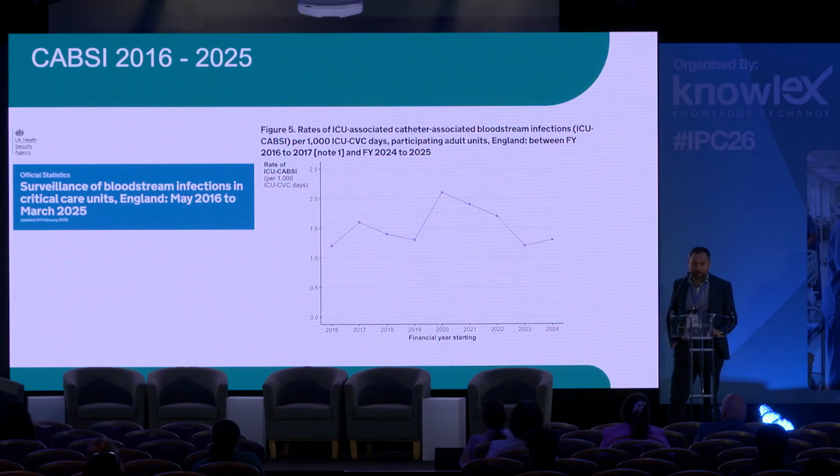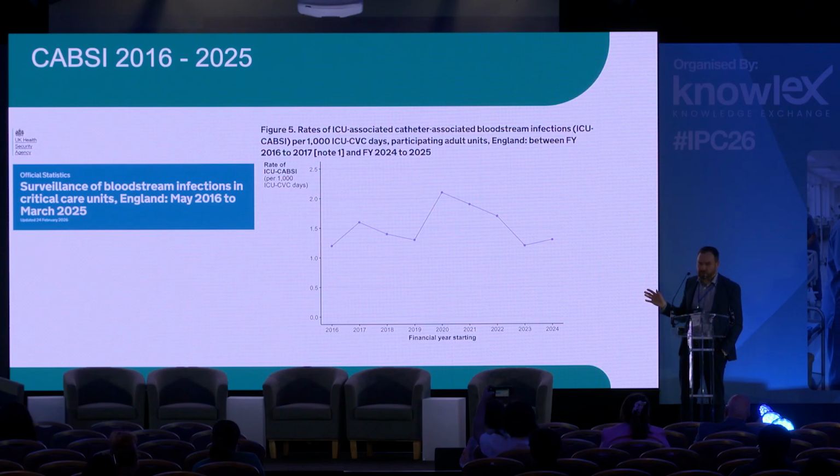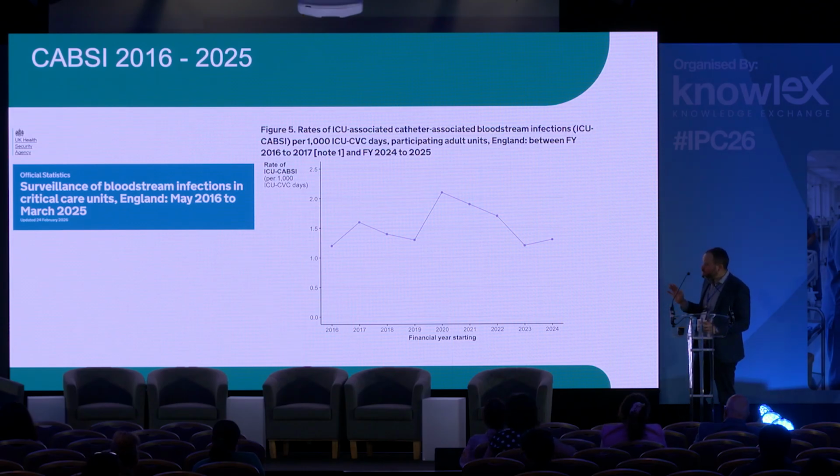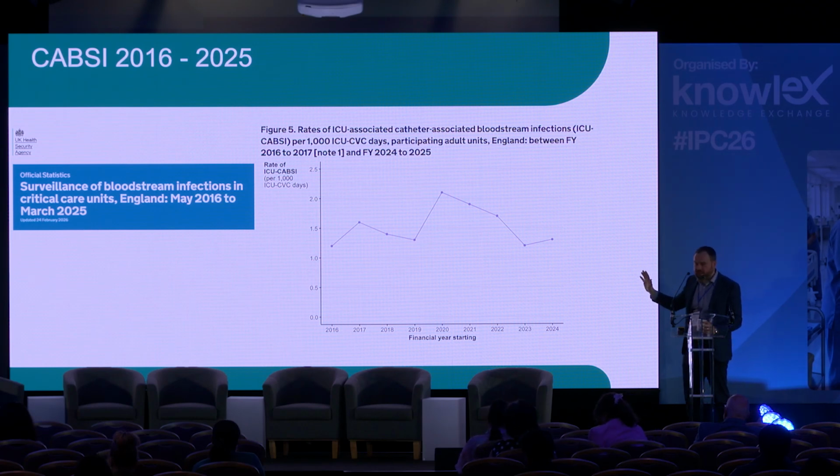Each year, ICQIP gives an annual report on bloodstream infections. The last report shows data going all the way back to 2016. The main thing to highlight is that bloodstream infection rates were largely static at the start of the program.